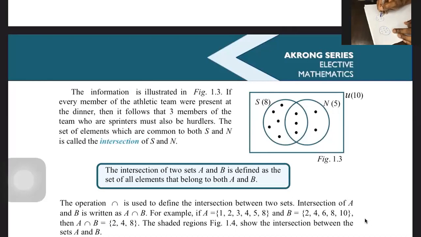Now I can easily tell from this that there are some numbers that appear in both S and H. If you need 4, you get it here.